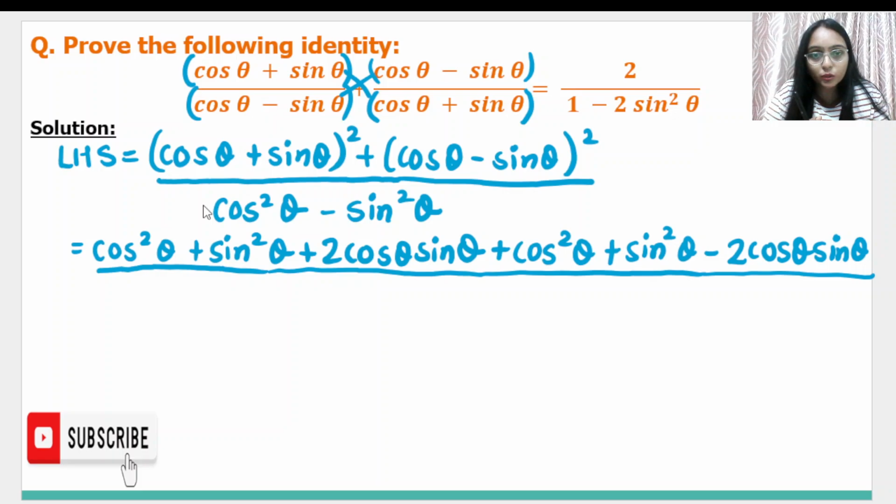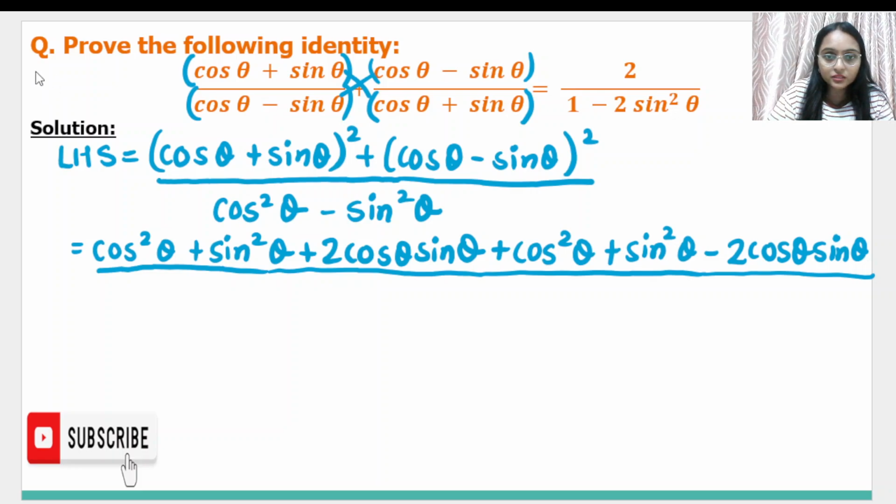So as I have told you previously also, whenever you have any trigonometric ratio in square, that means you are going to use trigonometry identity over here, and we know that sin square theta plus cos square theta is 1. But if you see your RHS, you have to convert all the ratios in sin square theta, right? So instead of cos square theta, we are going to write 1 minus sin square theta. How it comes?